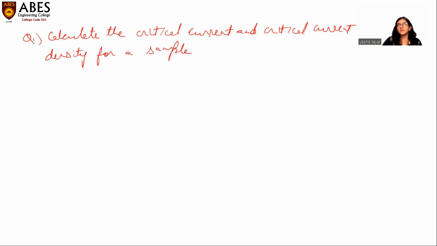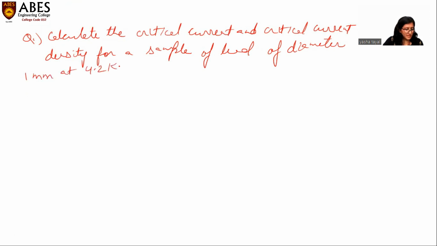Previously we took mercury and tin. Now I'm going to take, say for example, lead of diameter 1 millimeter at 4.2 Kelvin.